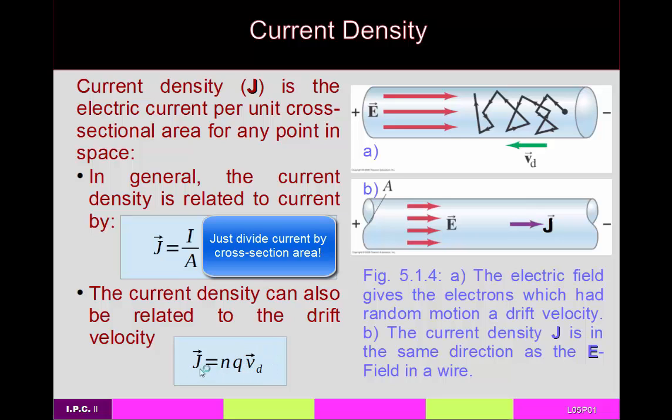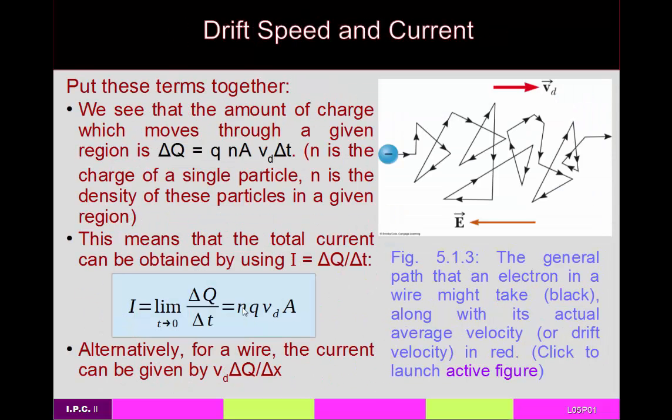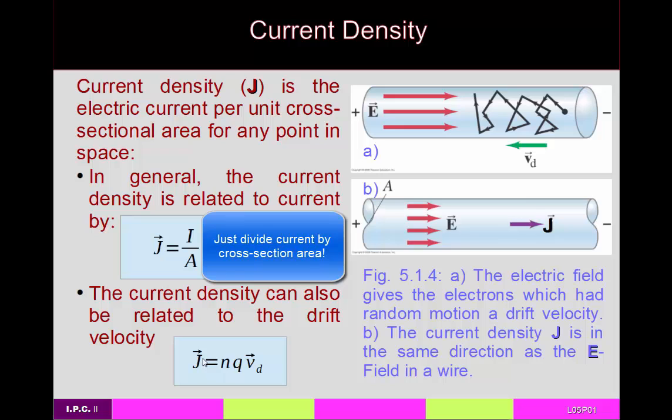Notice that this equation right here looks a lot like the equation that I had earlier for the total current. If we scroll back up to the total current, you can see n q Vd A. If you divide this equation by A, you should get J, the current density, n q Vd. And so the current density also is a vector, and it's in the same direction as the drift velocity in this case.